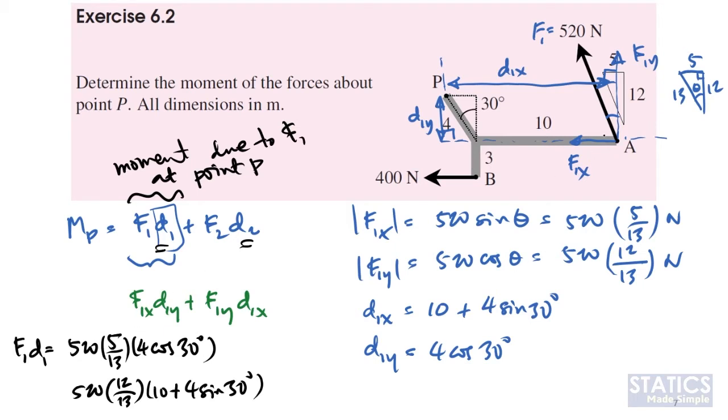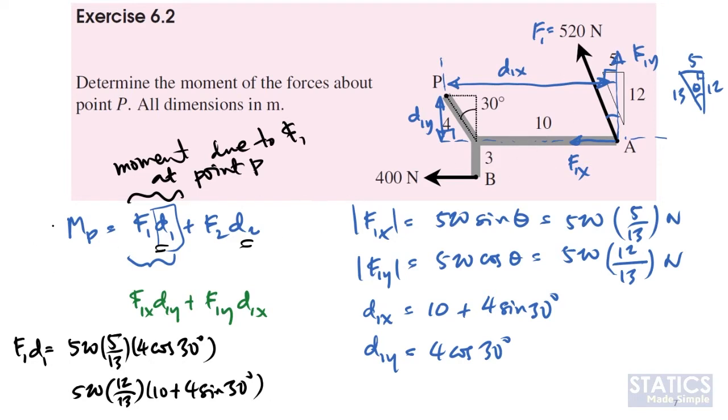So look at f1x. When we apply this at A, what will this f1x do to point P, in terms of the moment created? It tends to rotate the object clockwise. So this part is rotating the object clockwise.